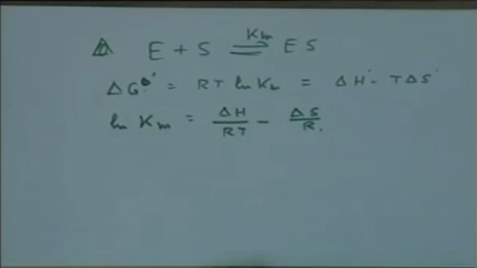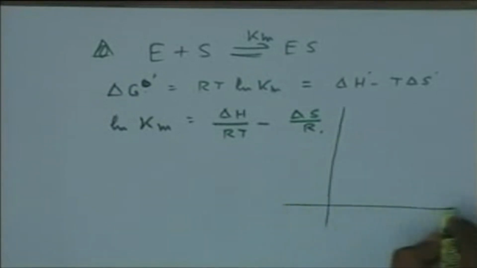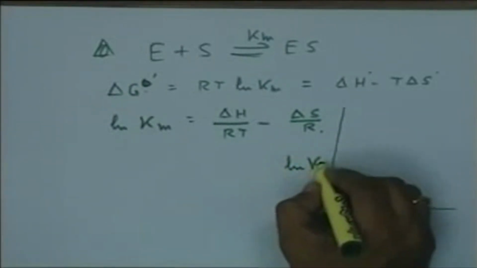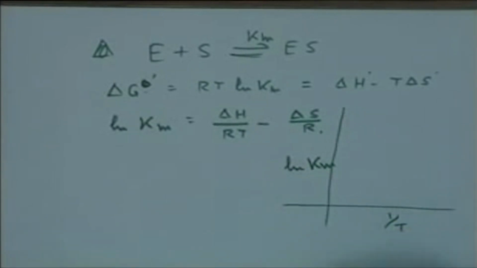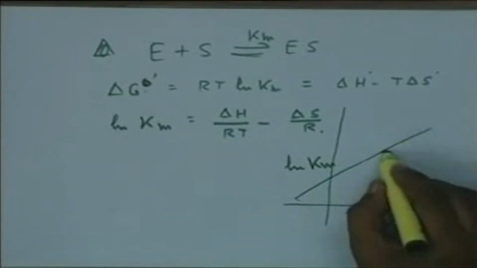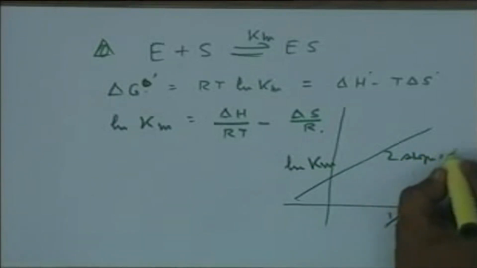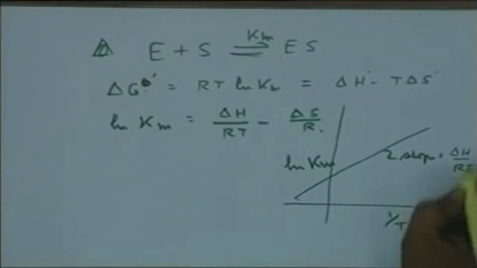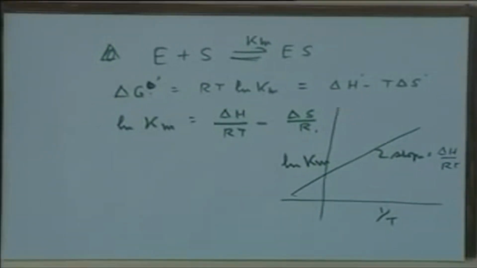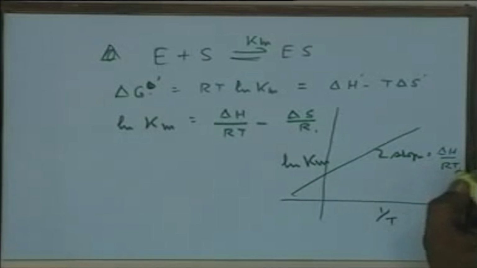A very simple situation arises: if you determine the Km values for an enzyme catalyzed reaction experimentally at a number of temperatures, and then plot ln Km against 1 upon T, you will end up with a straight line with a slope of delta H over R, not T. So, one can easily get the magnitude of delta H, the enthalpy change during enzyme substrate binding.